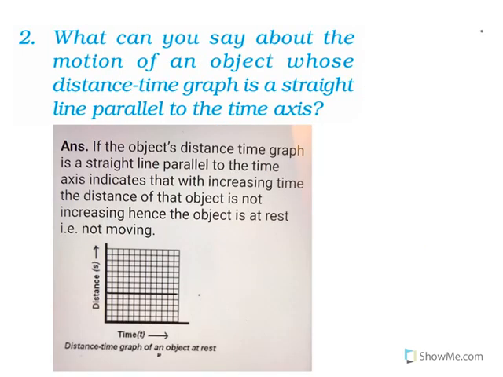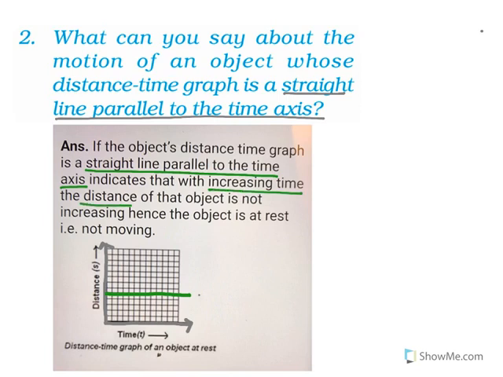What can you say about the motion of an object whose distance time graph is a straight line parallel to the time axis? So here we have the distance time graph and this graph is parallel to the time axis. What does it indicate? It indicates that with increasing time, the distance of the object is not increasing.